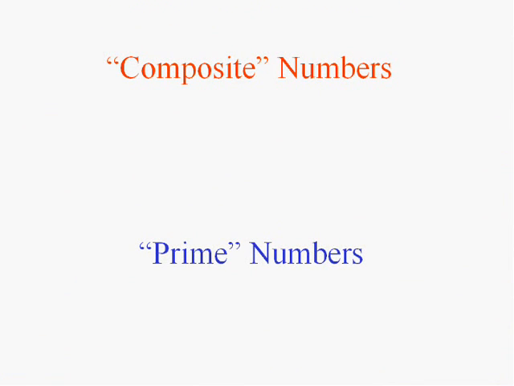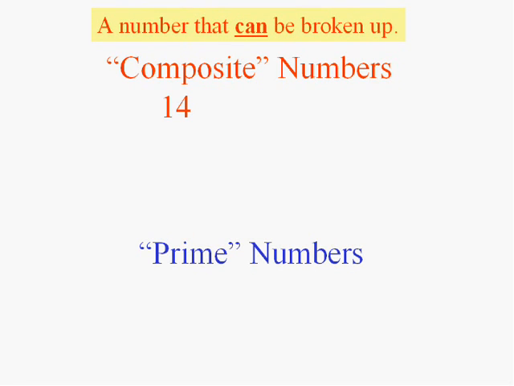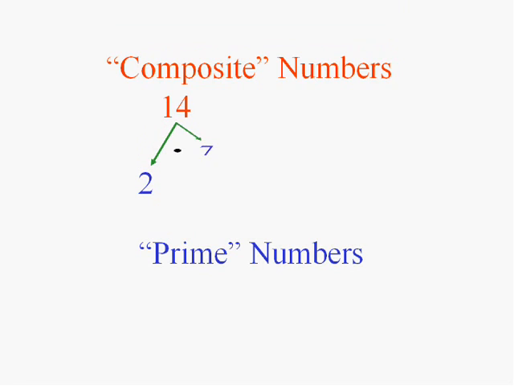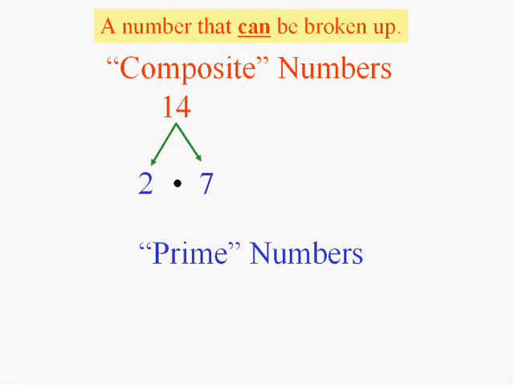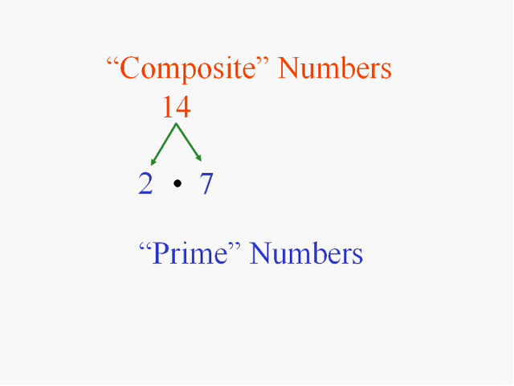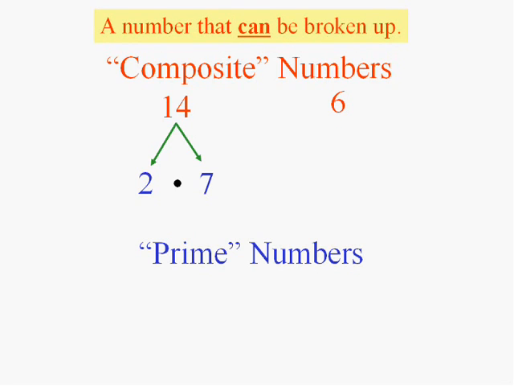Let me give you some examples. 14 is a composite number because it can be broken up into 2 and 7. Get the idea? 6 is a composite number because it can be broken up into 2 smaller numbers multiplicatively.